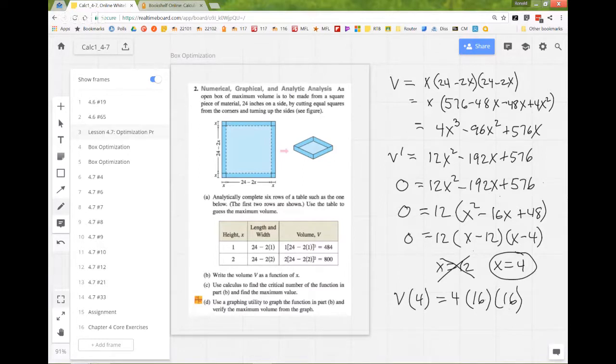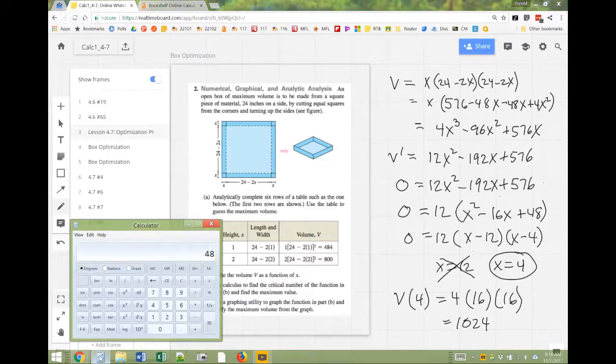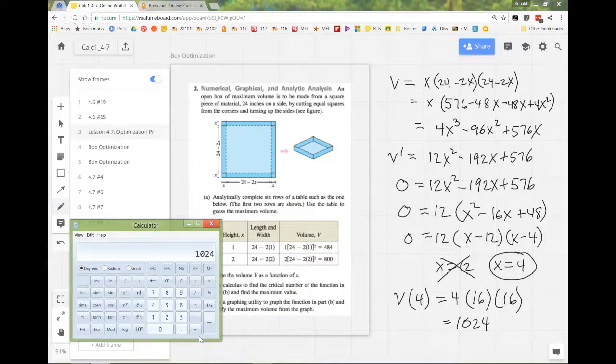And 256 times 4 is what, 1024? Let me just see if I did that right. 16 times 16 times 4. Yep. So the best volume you're going to get out of that box is 1,024 cubic inches.